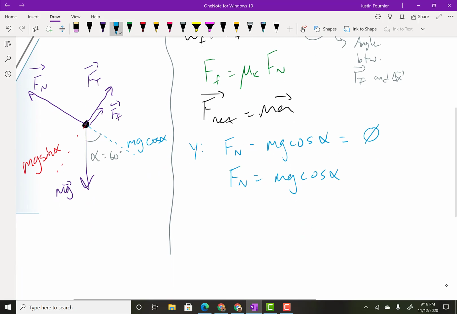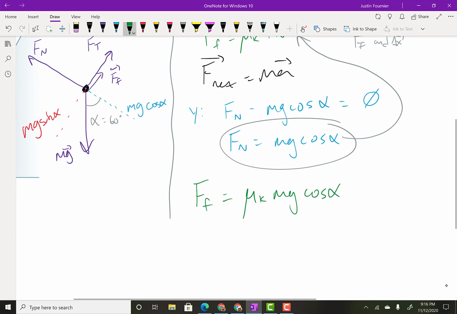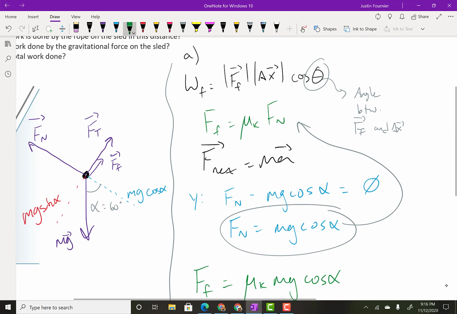And then I can basically take that and plug that in here, and that'll give me the frictional force. So my friction force is going to equal mu k times mg cosine alpha. All right, there's that, and now all of that is going to go in here.